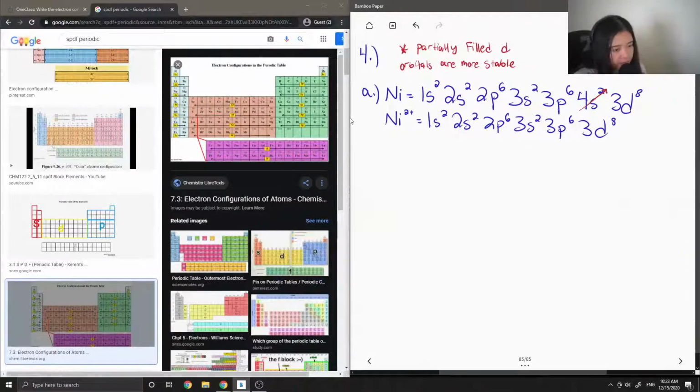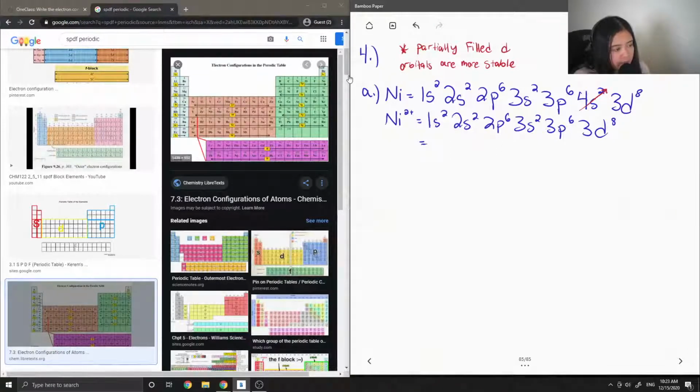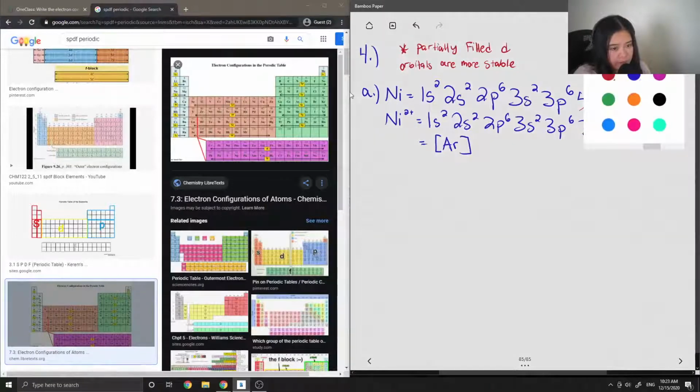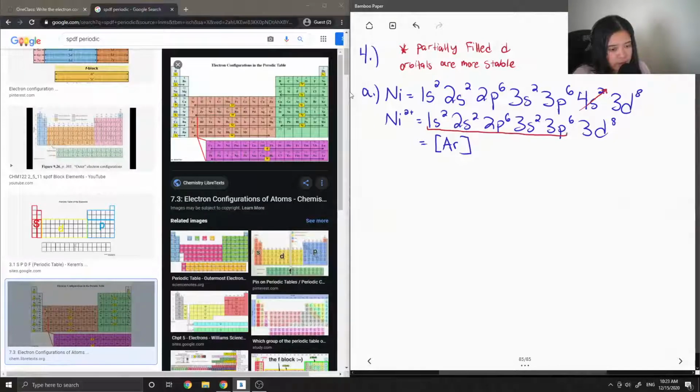Okay. And then if we were to write the shorthand configuration, you would just look at the noble gas that comes before nickel. So it's argon. So we put argon in square brackets, which has the same electron configuration as this 1s2, 2s2, 2p6, 3s2, 3p6.